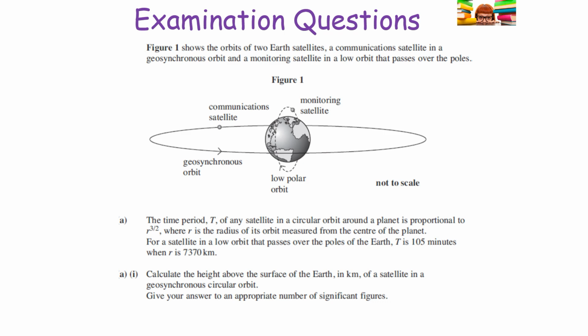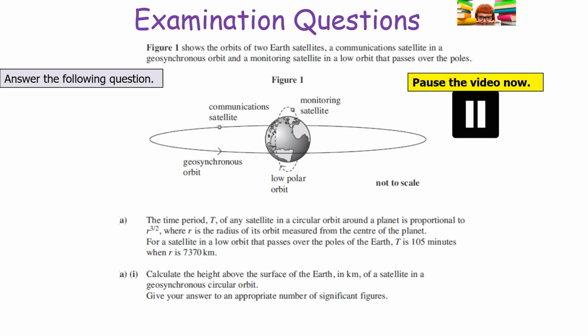For a satellite in a low orbit that passes over the poles of the Earth, t is 105 minutes, where r is 7,370 kilometres. So this question asks us to calculate the height above the surface of the Earth, in kilometres, of a satellite in a geosynchronous circular orbit, and again give your answer to the appropriate number of significant figures. So pause the video now, then unpause the video when you want to go through your answer.